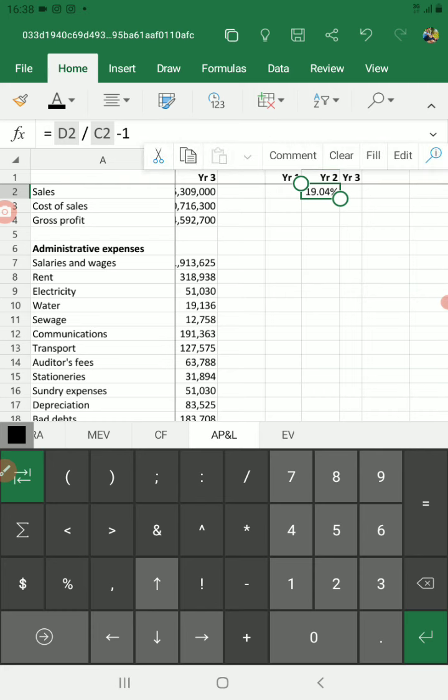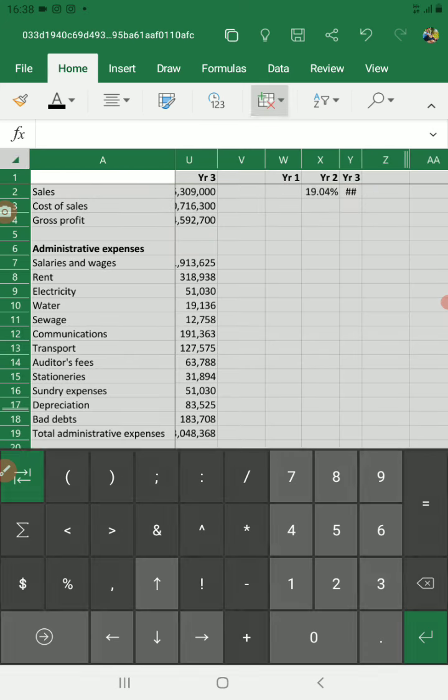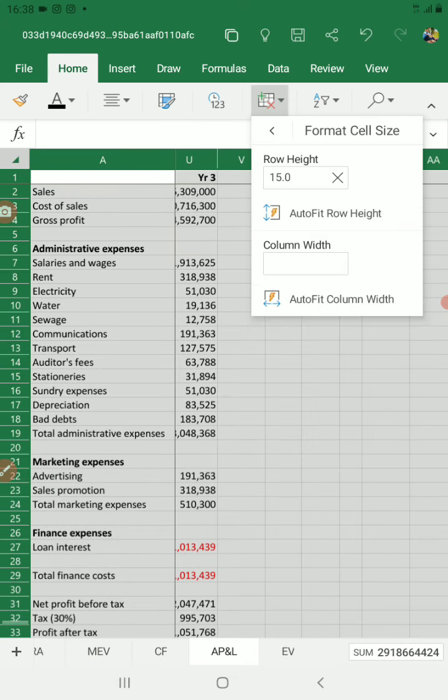And this is true for year 2, so I just fill this to cover year 3. And again, let me auto-fit column width to see.